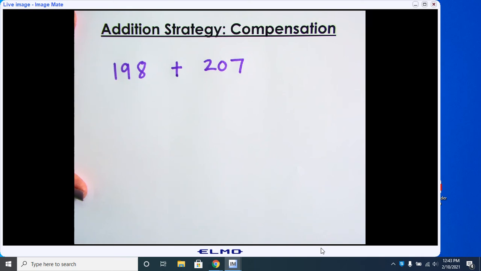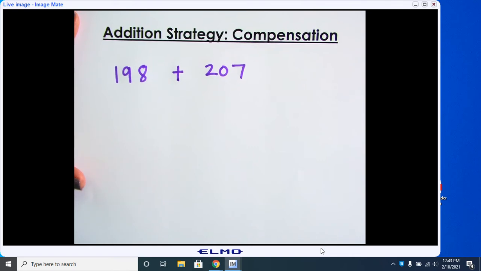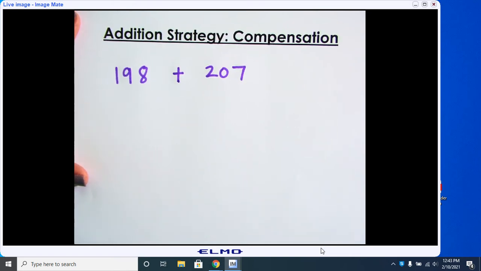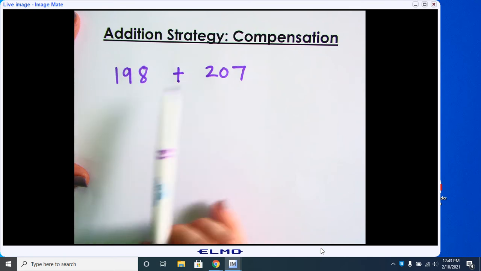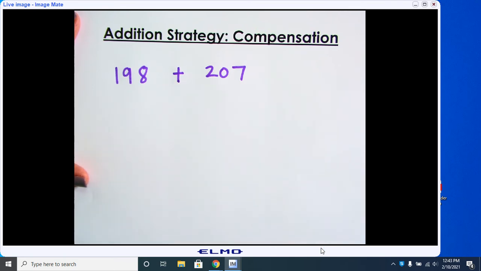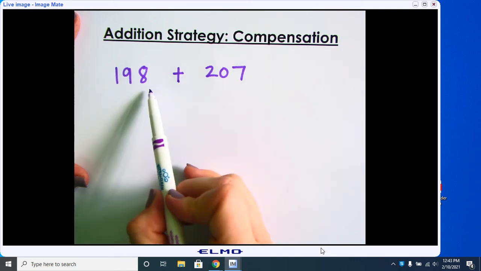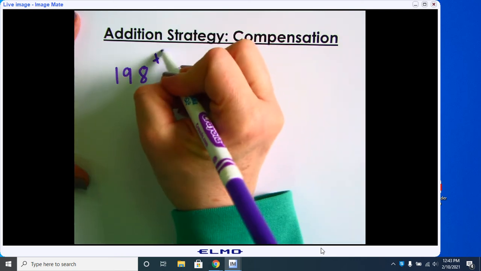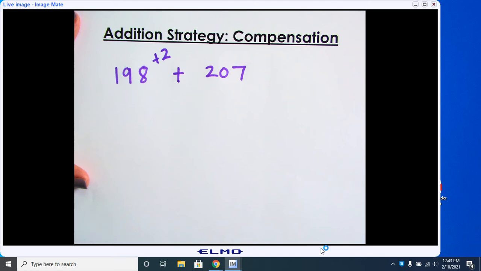So this is not for everybody right now, but if you understand this, this is the most efficient and fastest strategy. The way you do compensation is you pick the number that's closest to a full 100 or full 10. So 198 is only 2 away from 200.